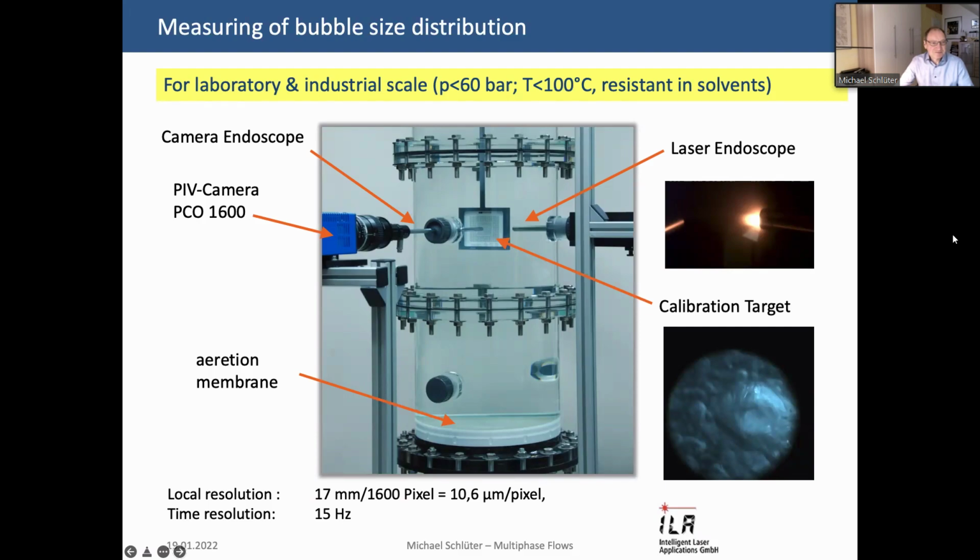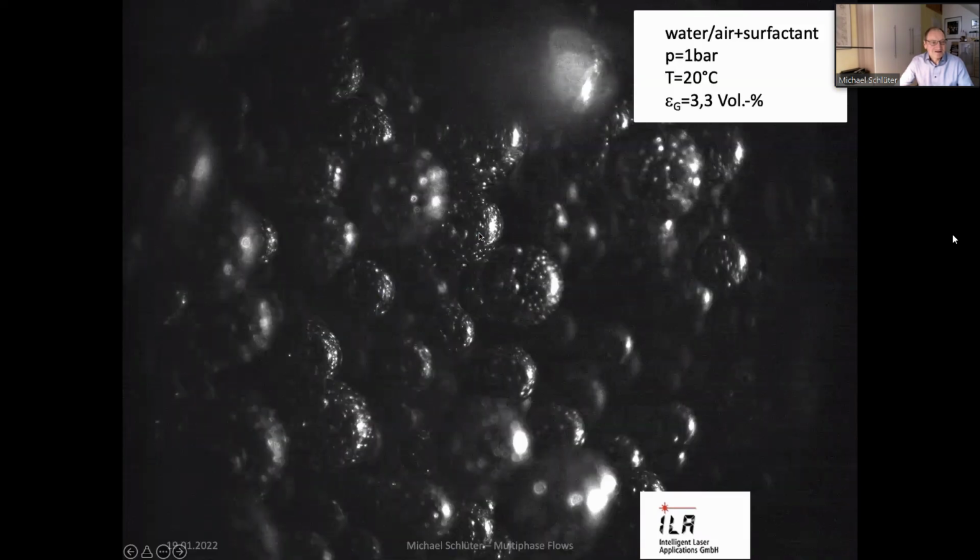This is what can be done, and we can do this on different scales, and also for different systems: in our laboratories for water and air, and of course in industry then for more critical solvent systems.